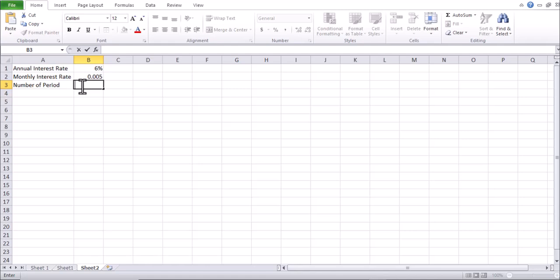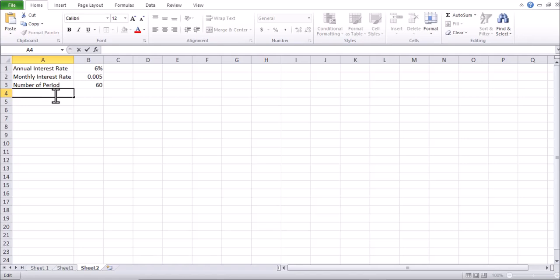You multiply that by 12, so you're going to have 60 payments. The number of periods is 60, because 5 years with a payment every month, 12 months, is 60 payments that you're going to have to make.